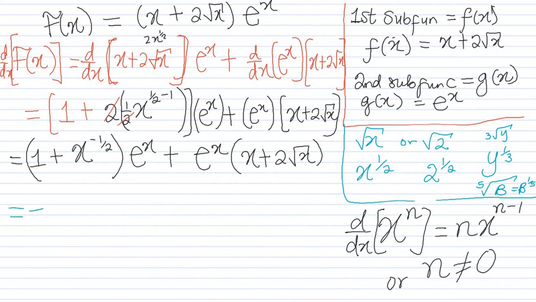So you have e to the x, plus e to the x multiplied by x raised to the power negative 1/2, plus e to the x times x, which is the same thing here as x e to the x, plus e to the x times 2 root of x.